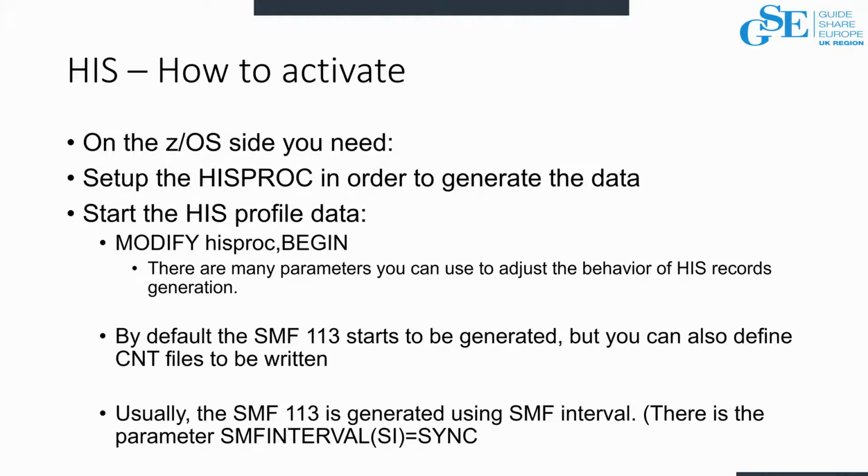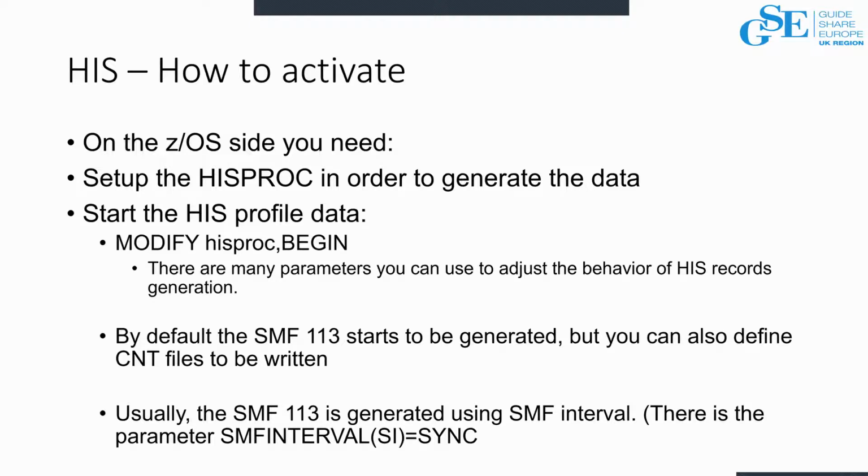And using this command, you'll be able to set up the CNT files and also other parameters. And also, usually it's good to have the SMF 113 on the SMF interval basis.